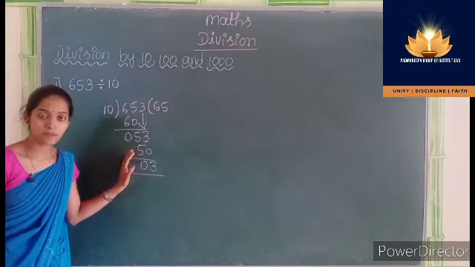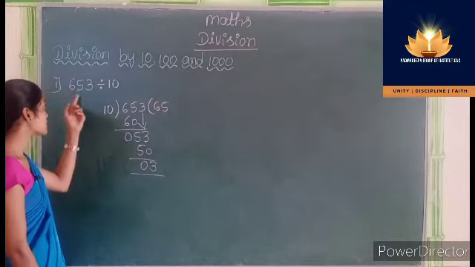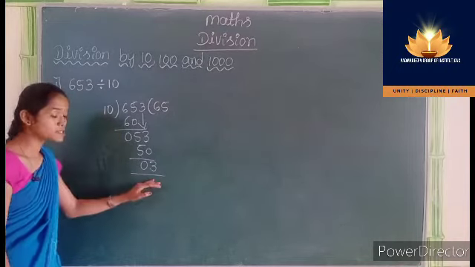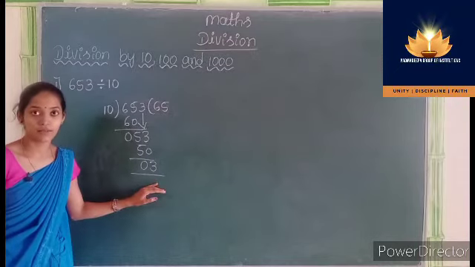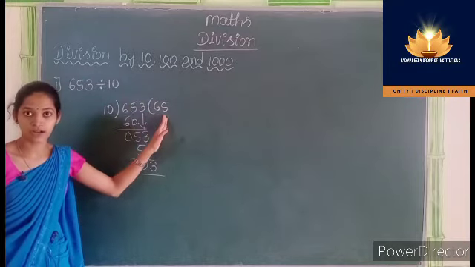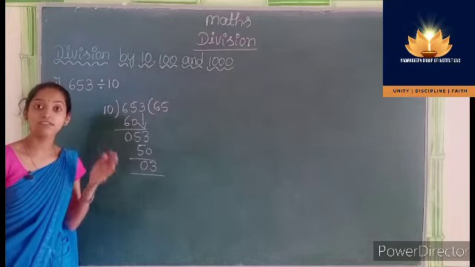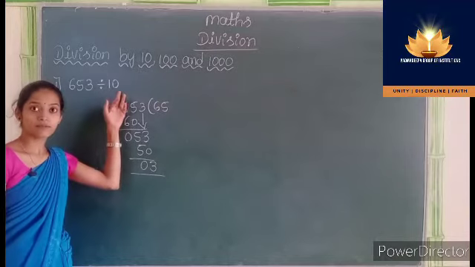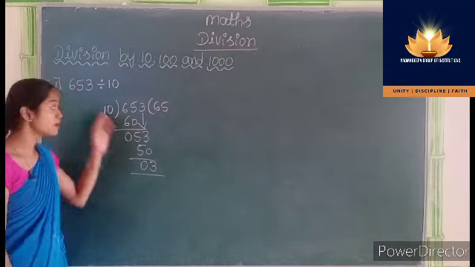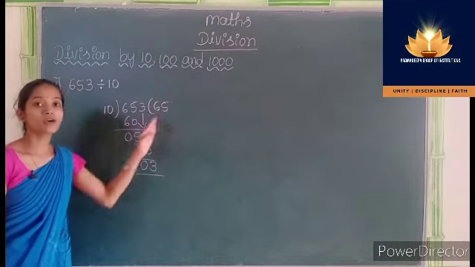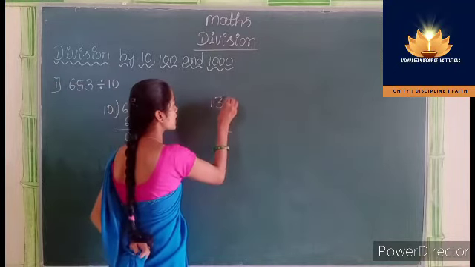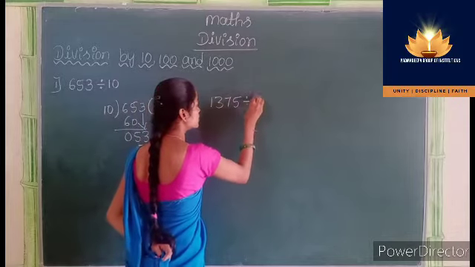Students, observe this problem carefully. In 653, the ones place digit is 3 and here also we get remainder as 3. And the remaining number, that is 65, forms a quotient. So we can see when we divide a number by 10, the ones place digit forms the remainder and the remaining numbers form the quotient. So let us see another example. 1375 divided by 10.